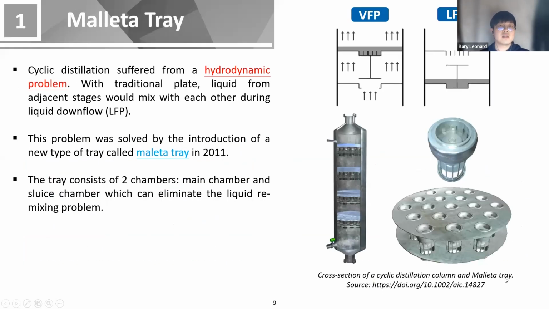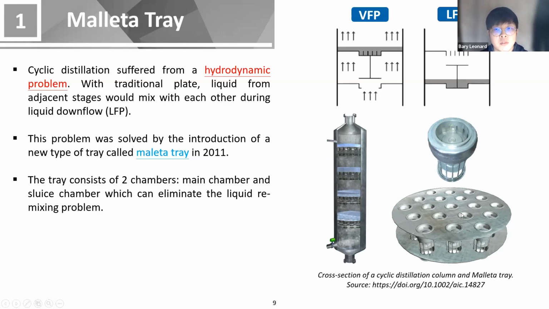So this is more detail on what the Maleta tray is. This tray is specifically designed for cyclic distillation, and it was designed to overcome the hydrodynamic problem where the liquid from one tray will mix with the other tray during the flow.